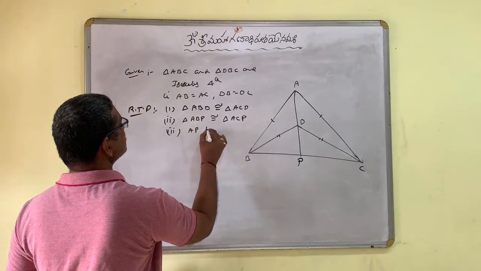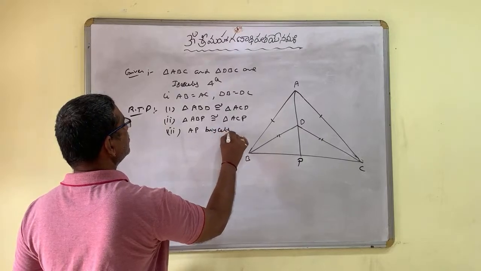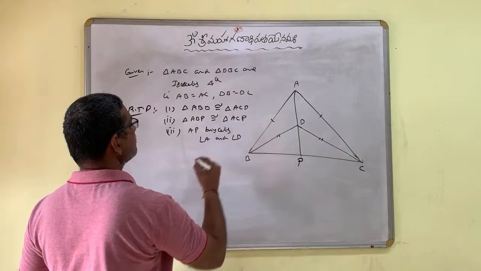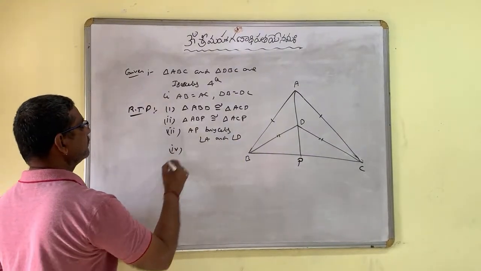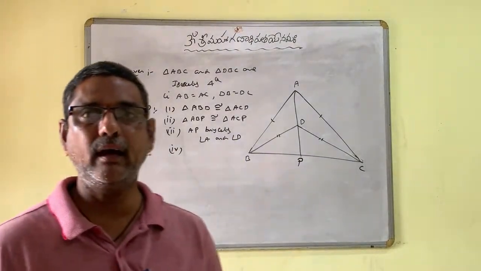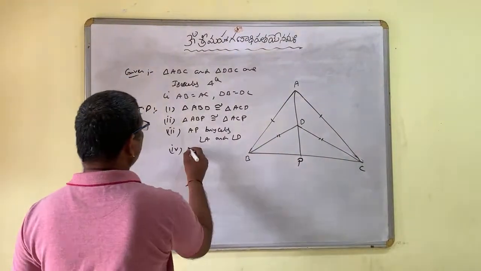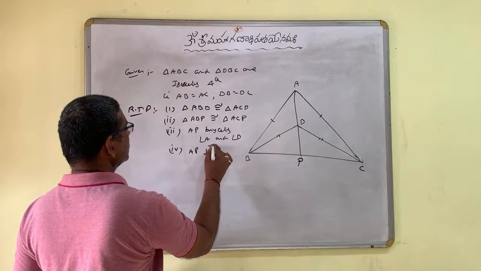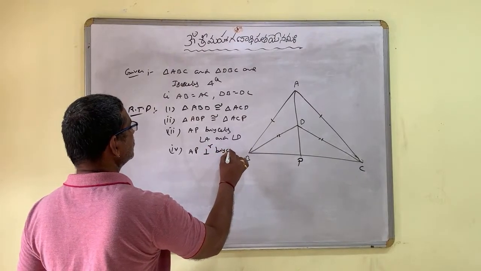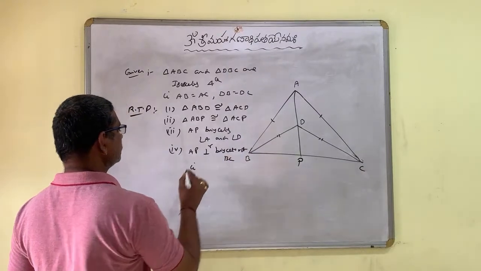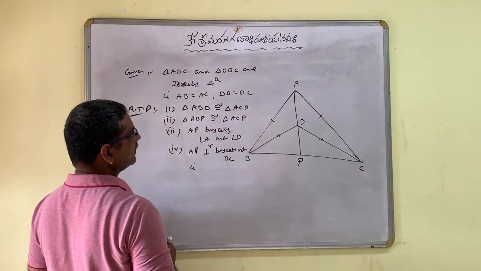AP bisects angle A and angle D. And fourth one, AP is the perpendicular bisector of BC.